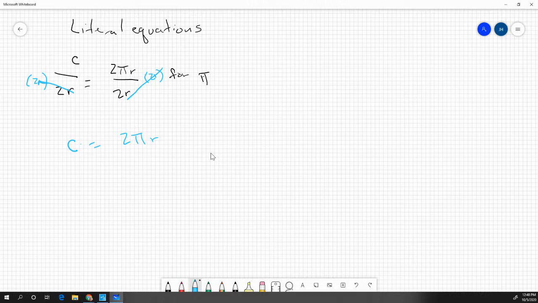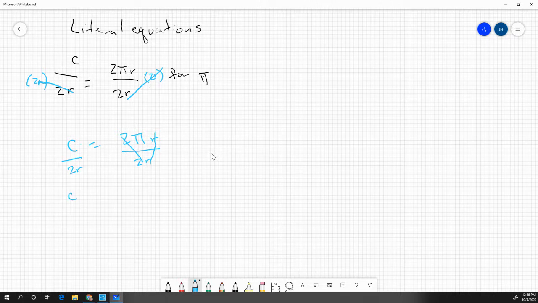So now we've just got to take all of these things that are attached to the pi off of it. And right now, what do I have? I have 2 and I have r attached to that pi. They're both multiplied, so I'm going to just divide by 2r and divide by 2r. And this 2 is going to cancel, and this r is going to cancel.